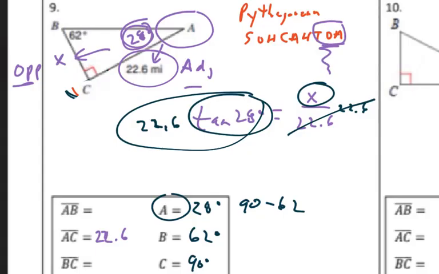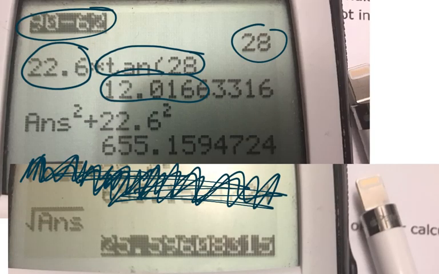Now your teacher probably wants you to keep at least two decimal places. So let's say for that side BC, we know it's 12.02. But talk to your teacher about how many decimal places he or she wants. So that right there is 12.02 if I round it off.